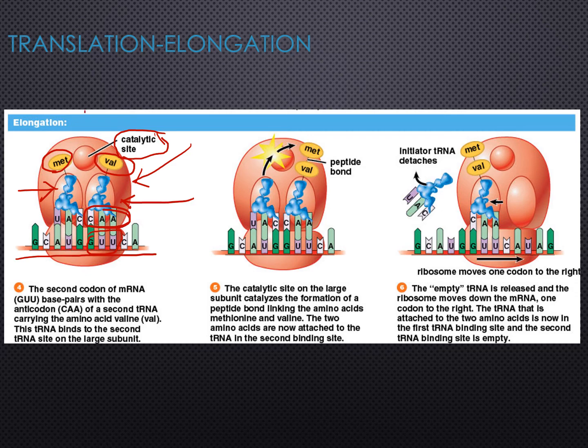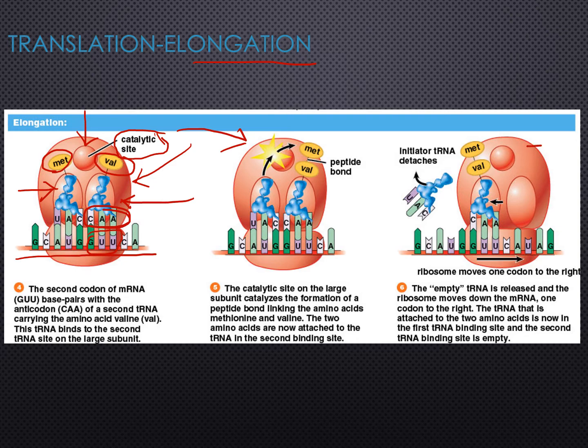This catalytic site here is where we're going to have the formation of a peptide bond between neighboring amino acids. So MET and VAL, take a look over here. The ribosome catalyzes the formation of a peptide bond between MET and VAL. After that, we get elongation. So we're going to elongate the polypeptide. How do we do that?